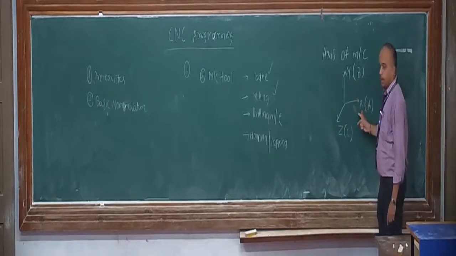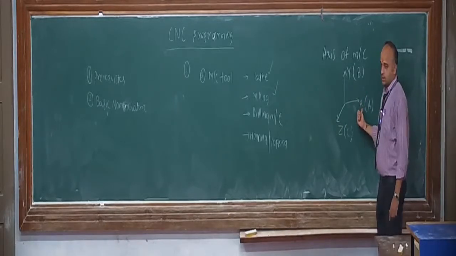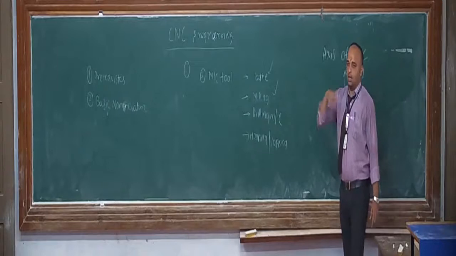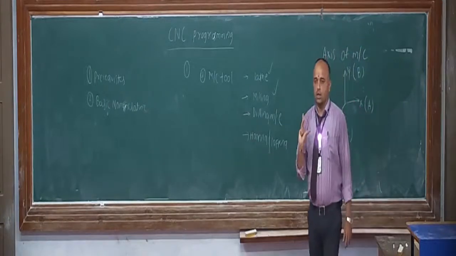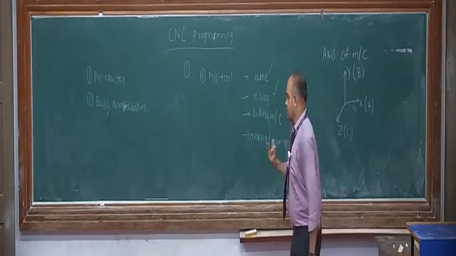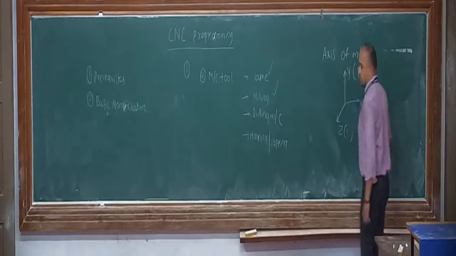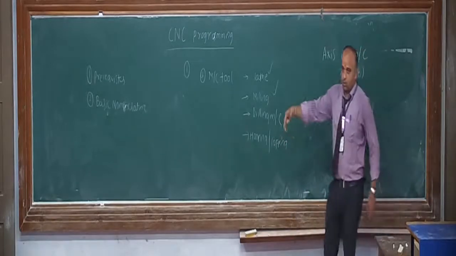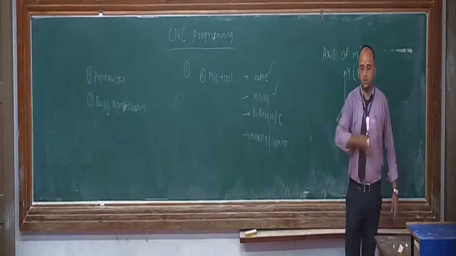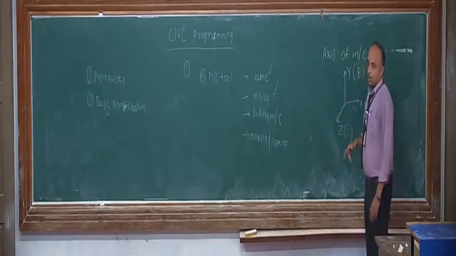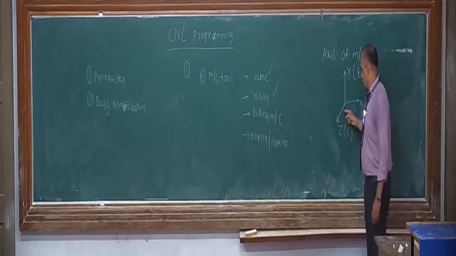Now, rotation about x is either clockwise or anti-clockwise. The x-axis is translational, meaning it moves from one point to another. Y is up and down. Z is to and fro.